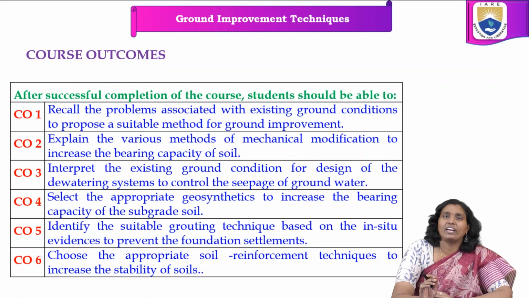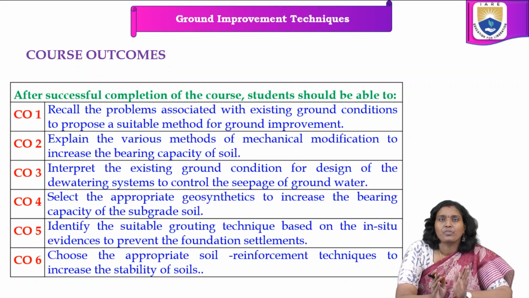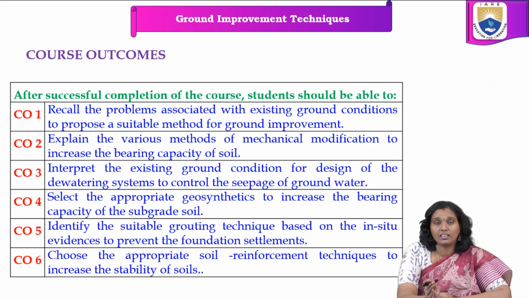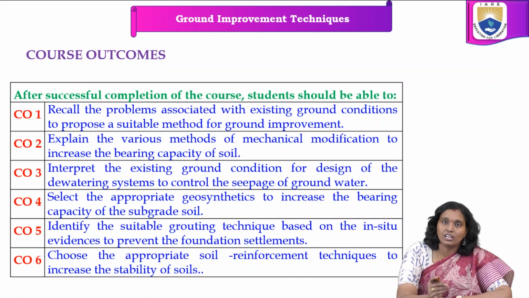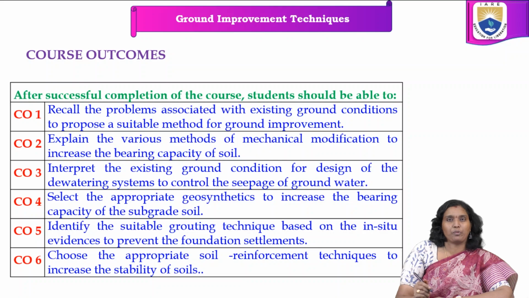The most important thing is the course outcomes. Upon successful completion of this course, the student should be able to understand these course outcomes. The first is to recall the problems associated with the existing ground condition to propose a suitable method for ground improvement.